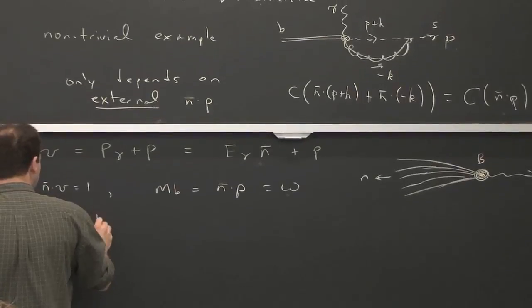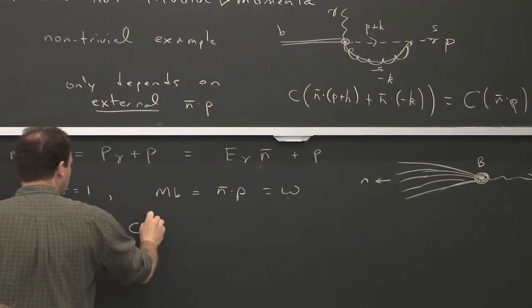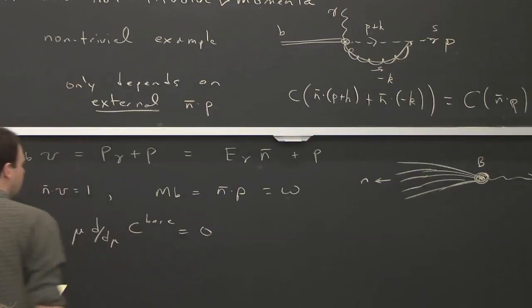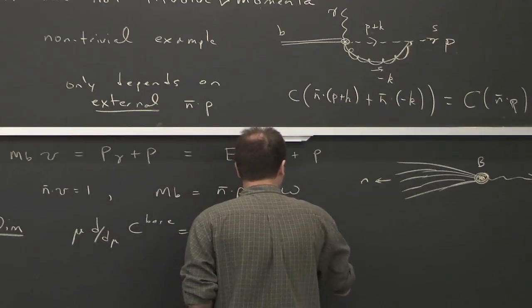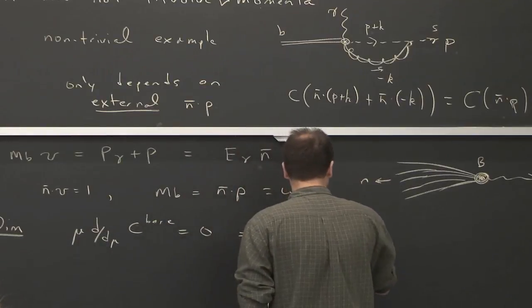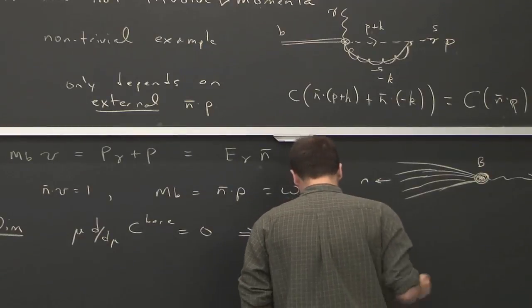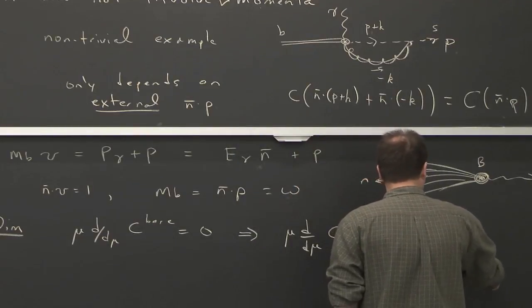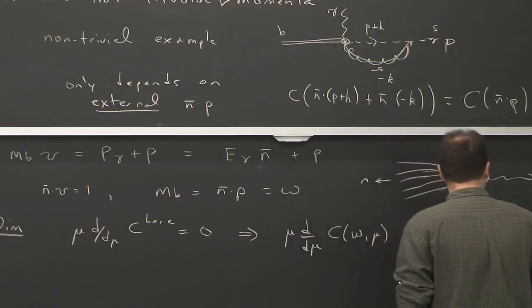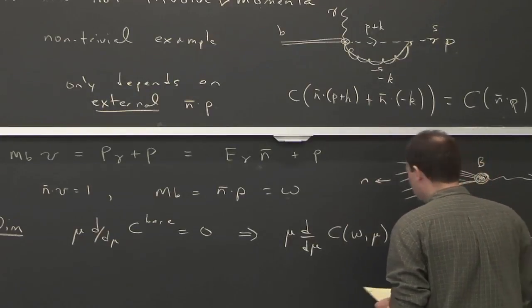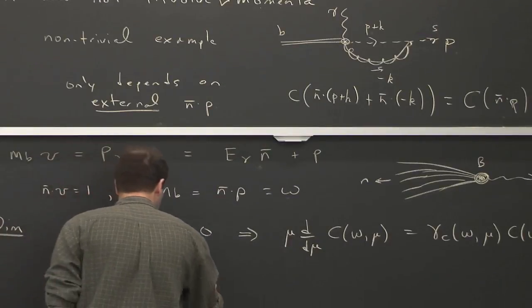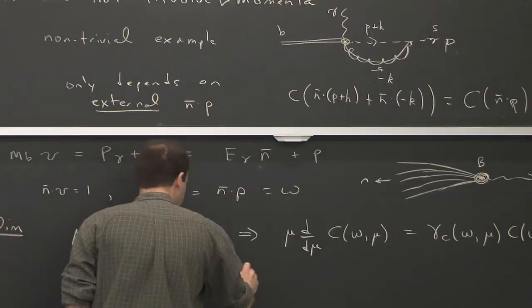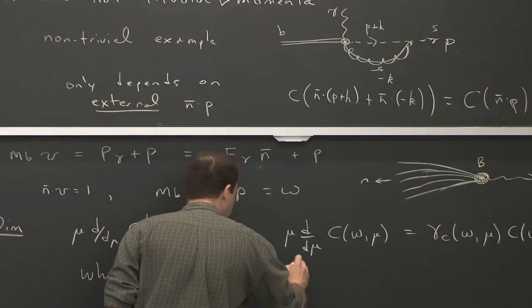So how do we calculate the anomalous dimension? It's the usual story. So mu d by d mu of the bare coefficient is 0. That implies a renormalization group equation for the MS-bar coefficient. And it's got this familiar form where the gamma is products of Z's and Z inverses.